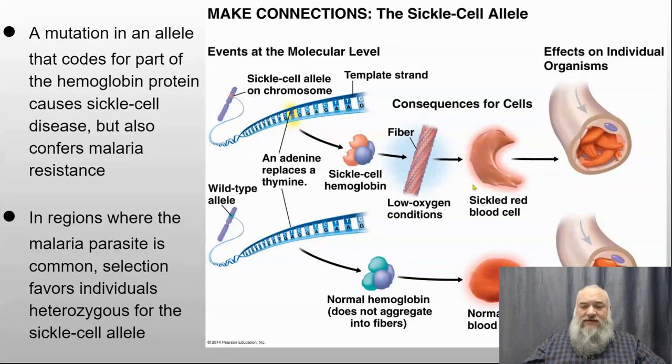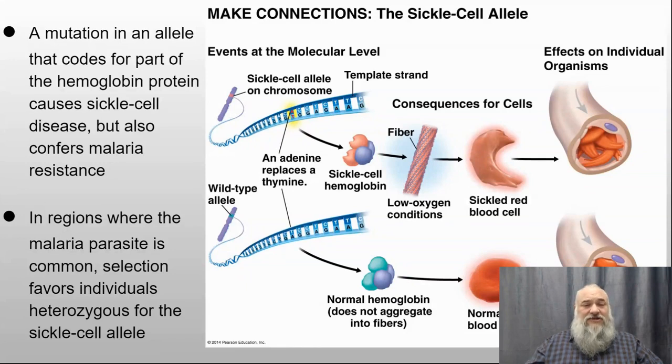This in-between state, where you've got a dominant and recessive, a normal and a sickling allele, seems to provide some protection against the worst symptoms of malaria. That sickling of the cells seems to allow the body to kill the malaria parasite more easily.